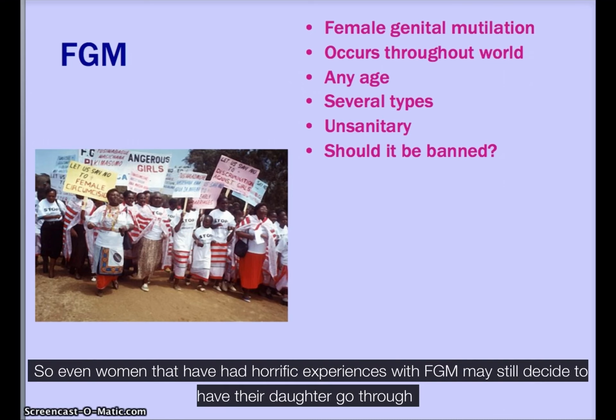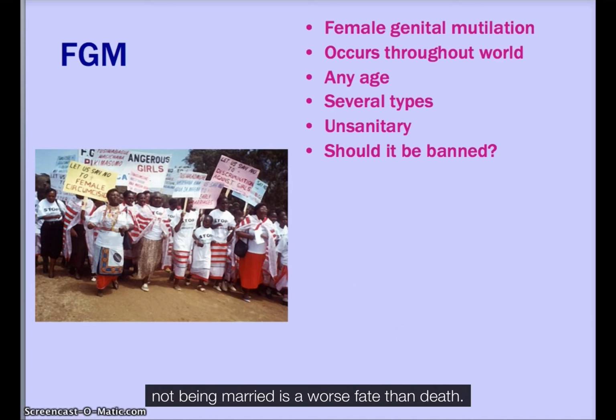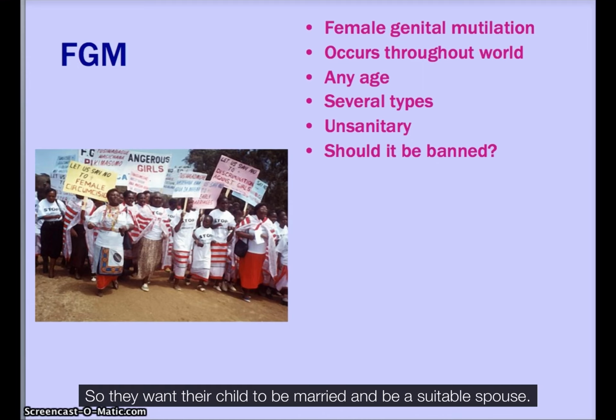So even women that have had horrific experiences with FGM may still decide to have their daughter go through the procedure because she wants her daughter to be desirable and marriage material. Because in some cases, not being married is a worse fate than death. So they want their child to be married and be a suitable spouse.